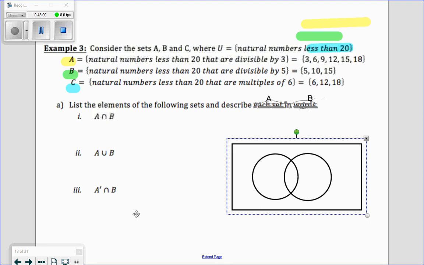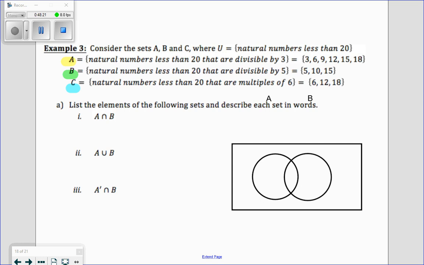A, B, and C are given there, and the universal set is given there. If you wanted to put this onto a Venn diagram, you could, but it would be kind of messy because we've got three things here but only two circles, so you'd have to keep erasing.